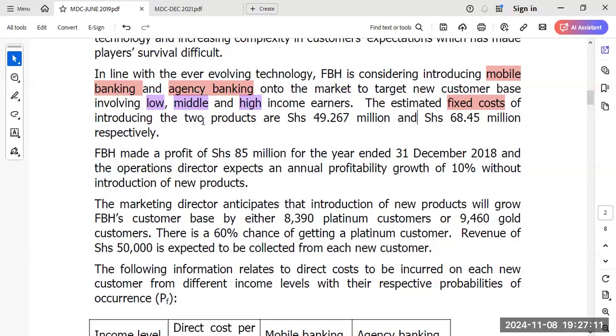But take note, you have two products now, mobile banking and agents banking. So this first figure is for mobile banking, and the second figure is for agents banking. That's why they said respectively. So you have to also note this. It means that this paragraph is very key in what you're doing.